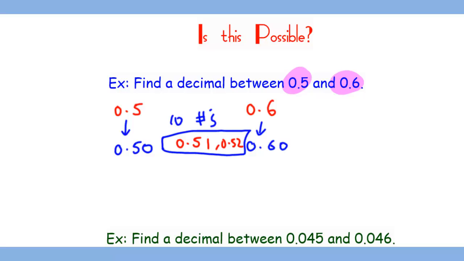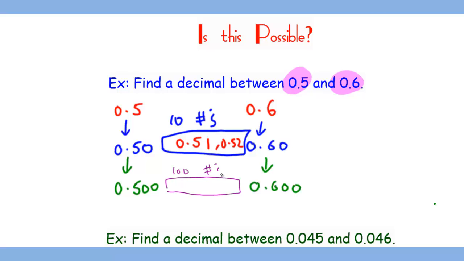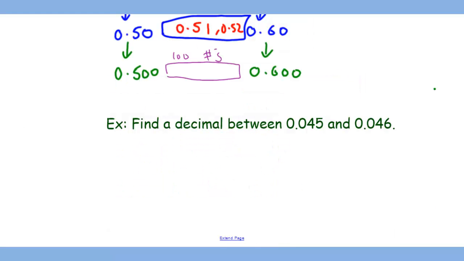If you want to go even further, you can also turn this into 500/1000 and 600/1000, and you have just created a 100 numbers in between them. And in this next example, you can do the same thing.